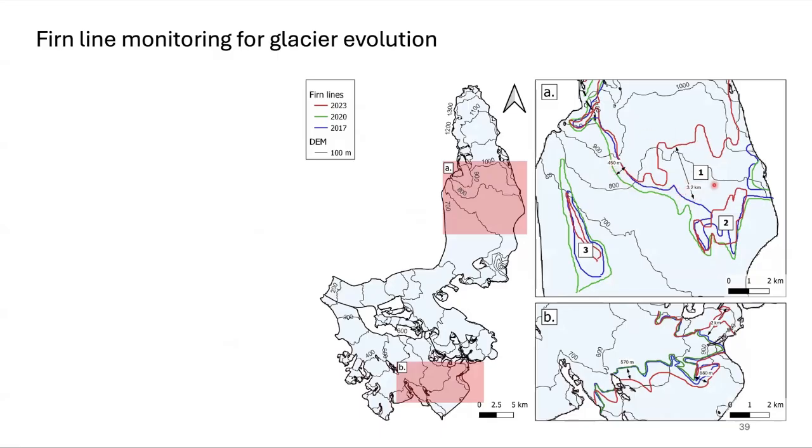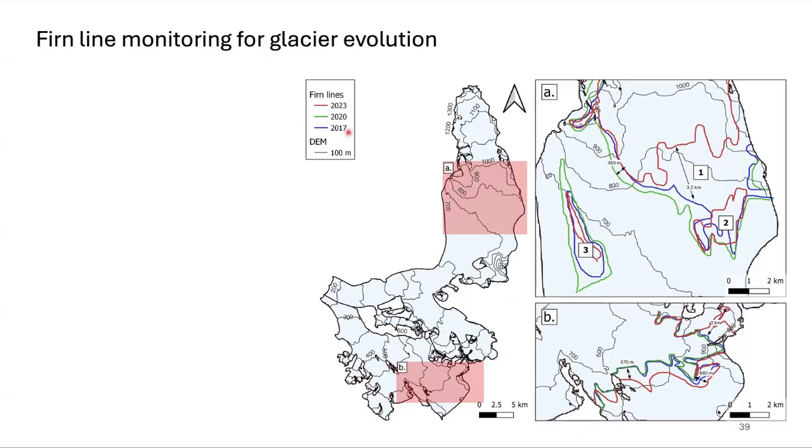Here for Holte-Dalfona, you can observe that between 2017 and 2023, there was a large extent that was considered firn that has been broken down because the glacier just melted. So there's around 3 kilometers stretch of glacier that is not anymore firn because of the melting. And for Kongsviken in the south, there is on average a couple hundred meters of retreat of the glacier.